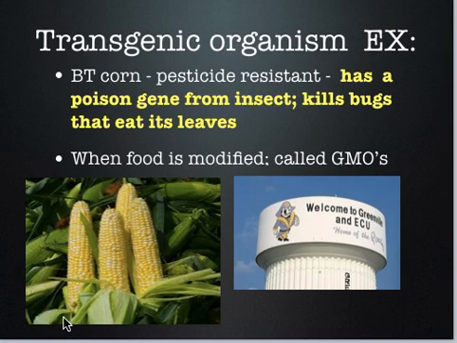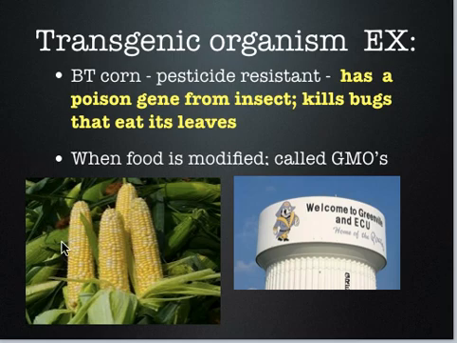When the corn grows, that gene is used and makes the protein that's embedded in all the leaves of the corn plant. So when a leaf-eating happy grasshopper comes along and thinking, great, I've got lunch for the rest of my life, starts eating it, it dies. Now, when we eat food from transgenic organisms, which is what BT corn is, we call that a GMO, genetically modified organism.